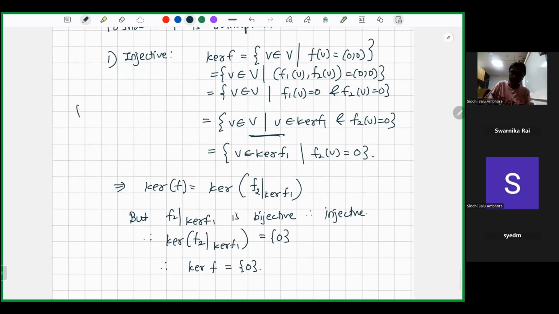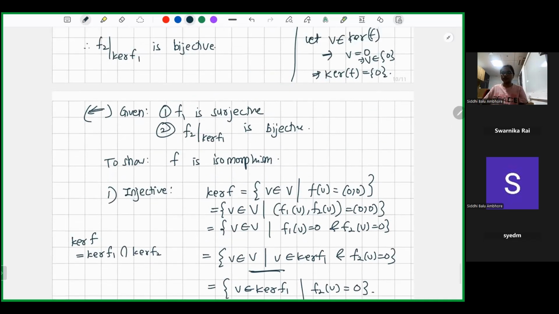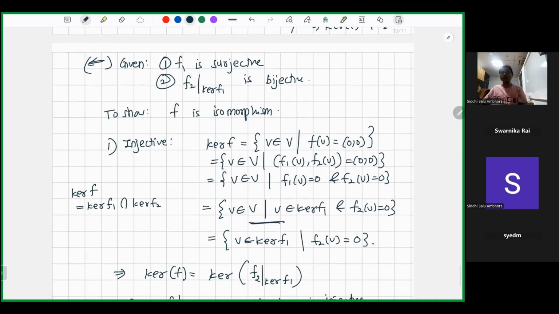In general, the kernel of F is actually kernel of F1 intersection kernel of F2. If you check, let me write this properly. Because what I want is both of the coordinates to be 0 here: F1 of v also 0, F2 of v also 0.